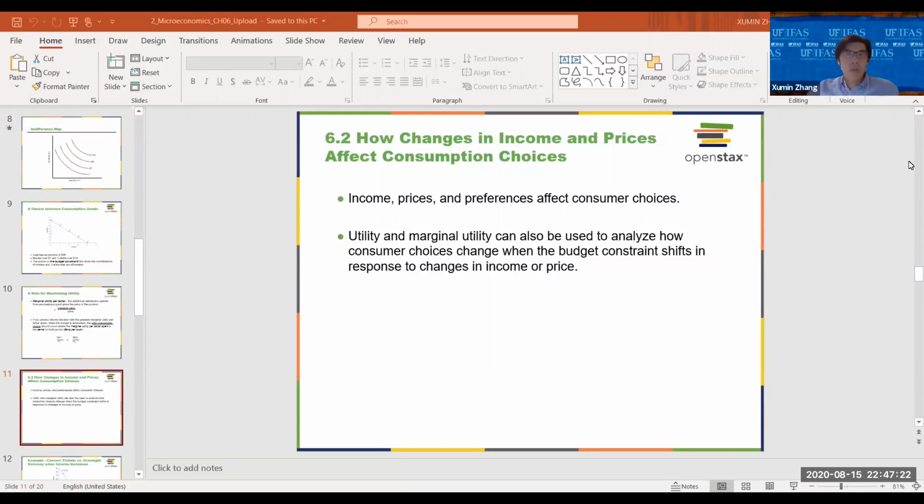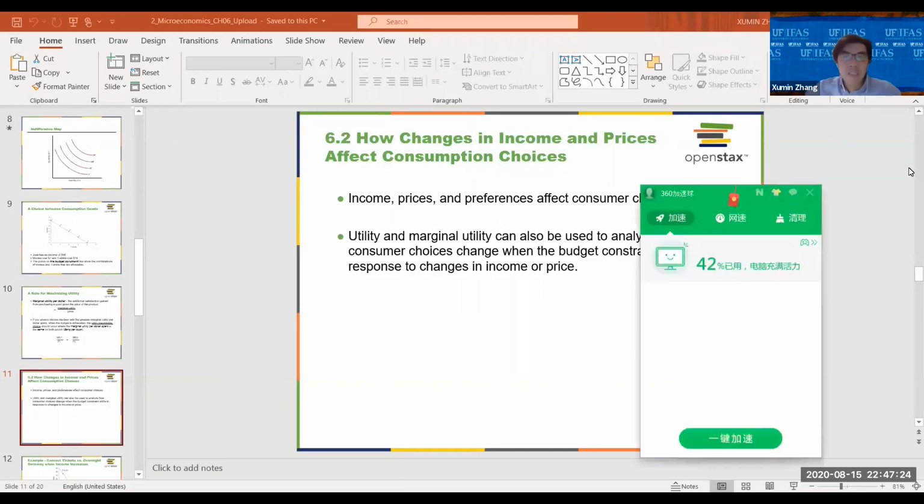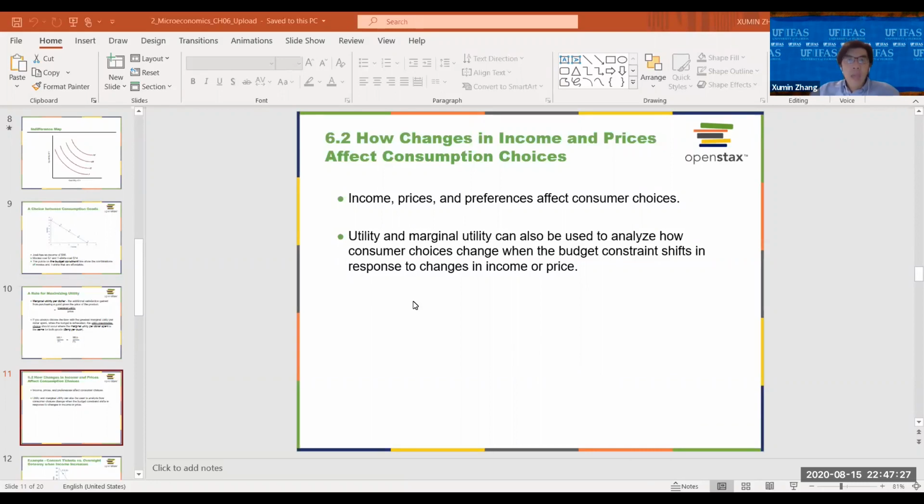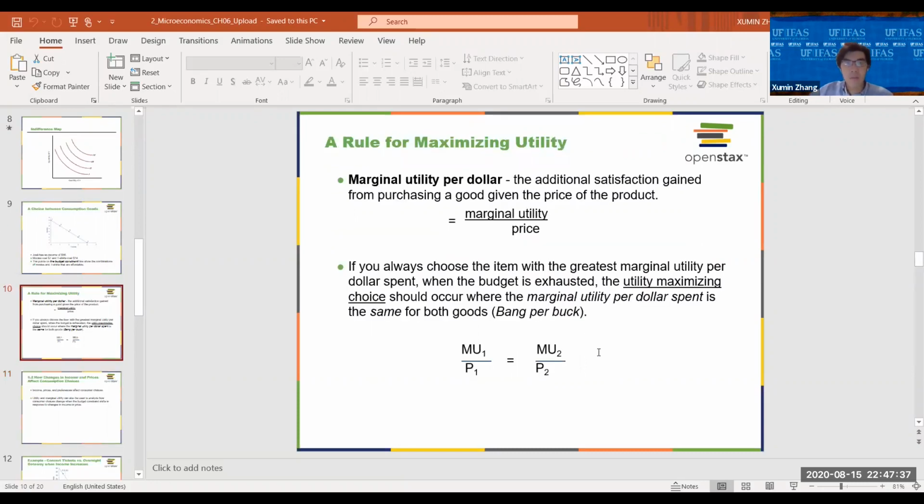In the last session, we discussed how to maximize utility. We have a utility function that includes the consumption of two different goods, X and Y, right? In order to maximize utility, remember that we needed to make sure that the marginal utility per dollar for the two goods are equal.